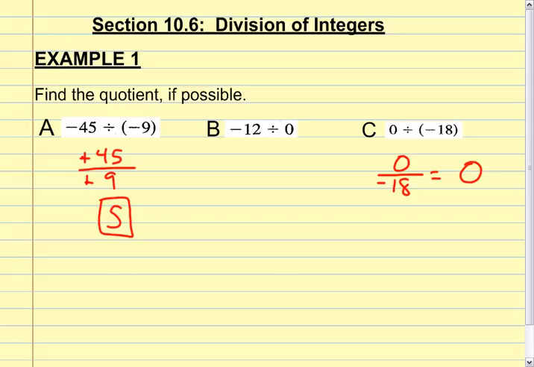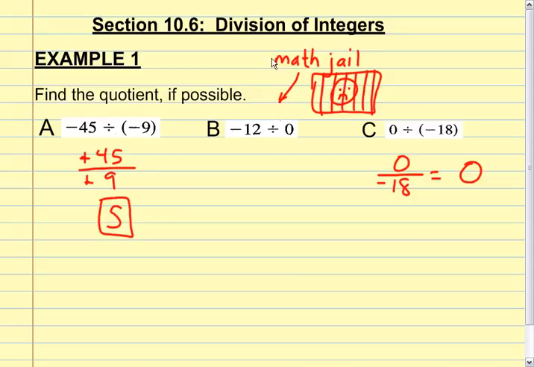Now I'm going to show you in this next one a math law. And you do not break this math law or you go to math jail. This is you, because you are in math jail. Don't do this ever.